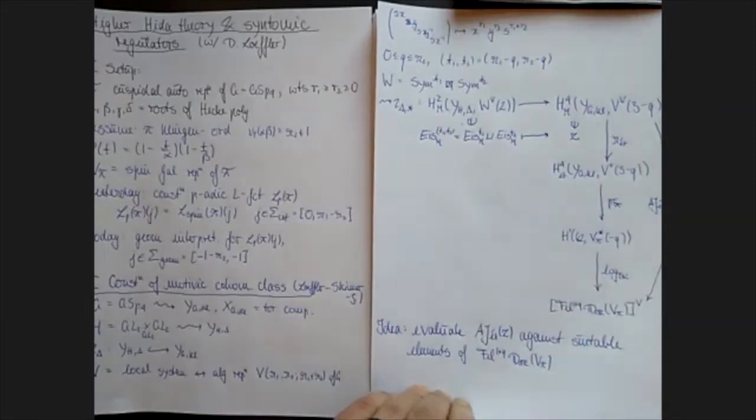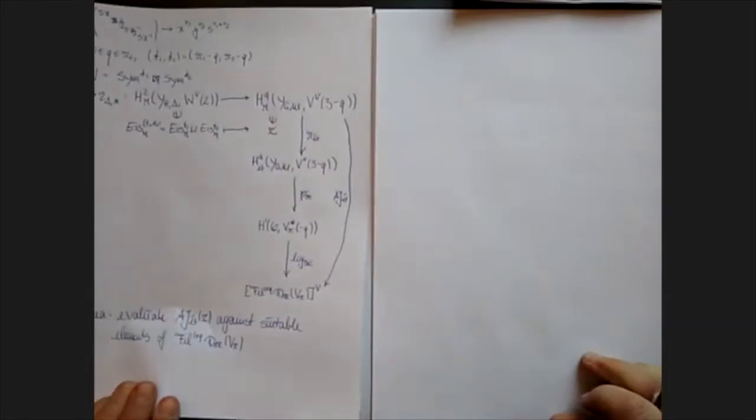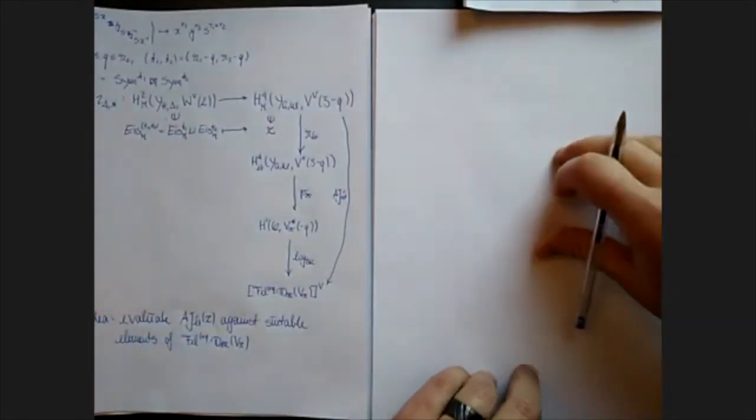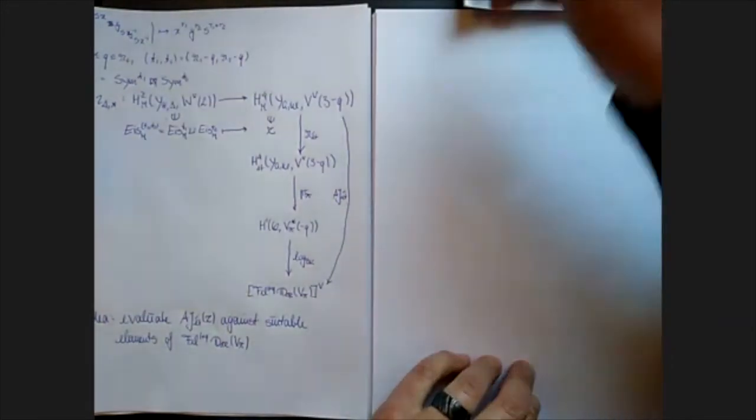Right, so where do these suitable elements come from? They come from this class in coherent cohomology that David mentioned yesterday.